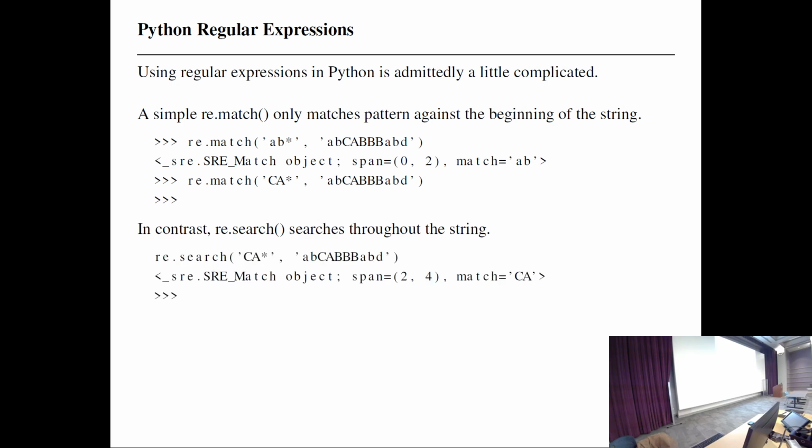Oh, well, here we go. Regular expression search doesn't find this starting here, doesn't find it starting here, but does find it starting there and says, I found a CA that matches from 2 to 4. Okay? So match starts matching at the beginning of the string only. Search repeats that match until it's successful.